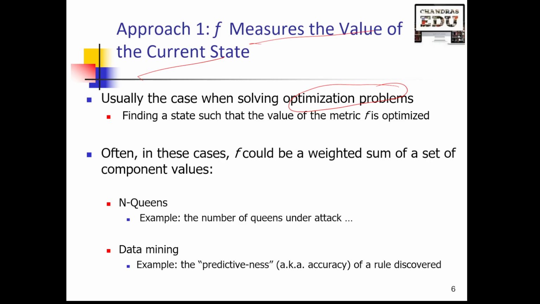Whatever value we are giving at that point of time can be called a heuristic function in approach 1. So we are finding a state such that the value of metric f is optimized. That means sometimes lower cost is the optimization required. Whatever the lower cost distance is, we'll try to prefer that one.